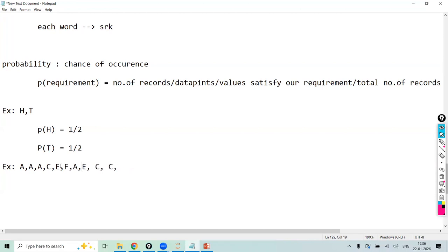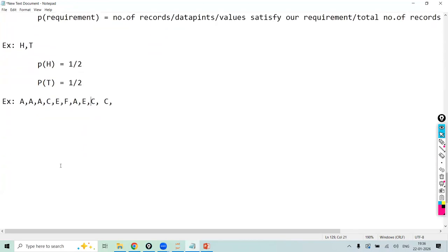What is the probability of E? And what is the probability of F and C and everything? First, what are the unique values? The unique values are one is A, second is C, third is E, and fourth is F. Total 4 unique values are there.